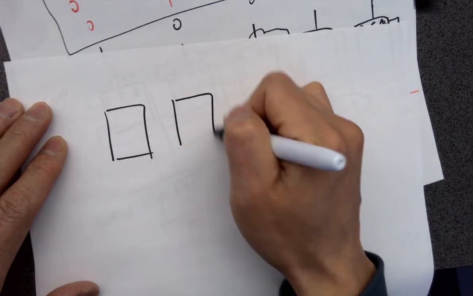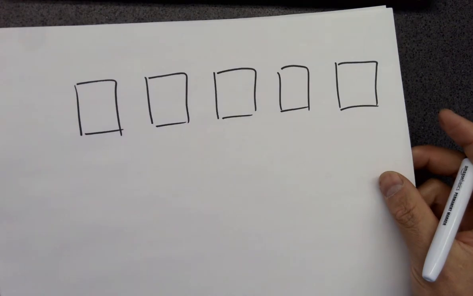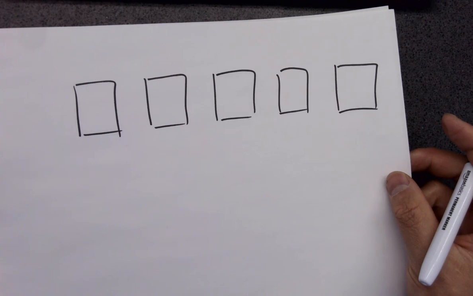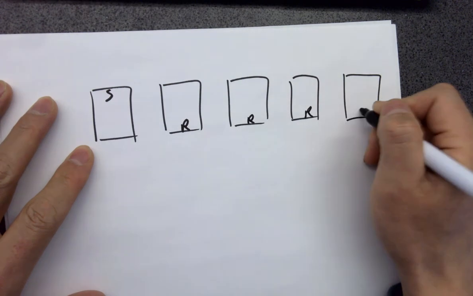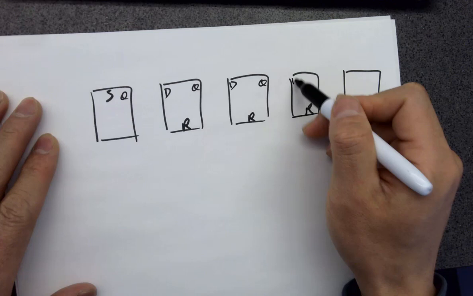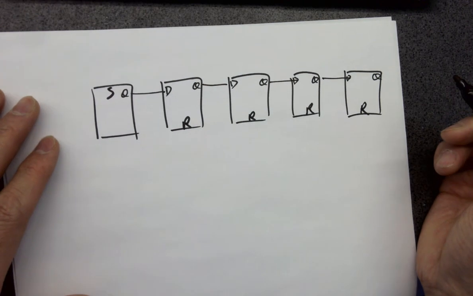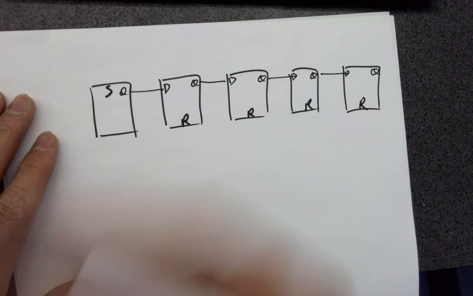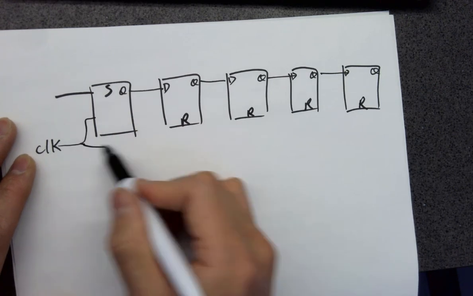So for the sequencer circuit, 1, 2, 3, 4, 5 flip-flops, with a set and resets, Q to D, D to Q, and there should be an input, and the clock is synchronized.